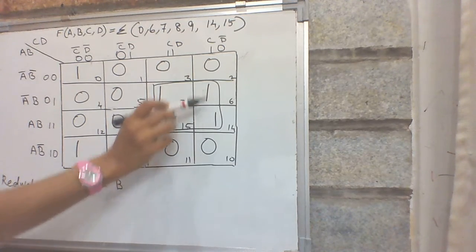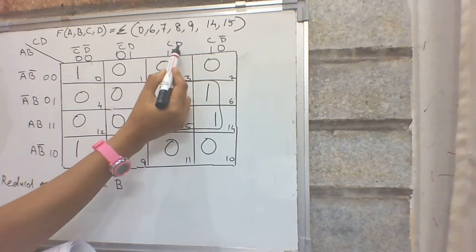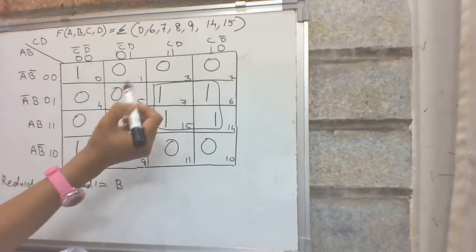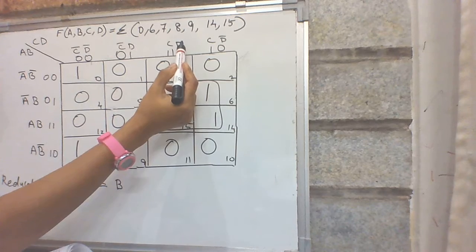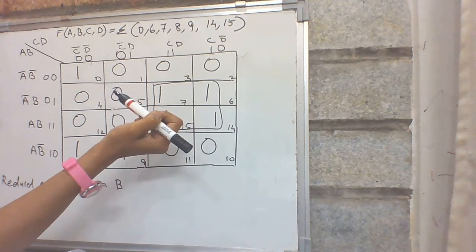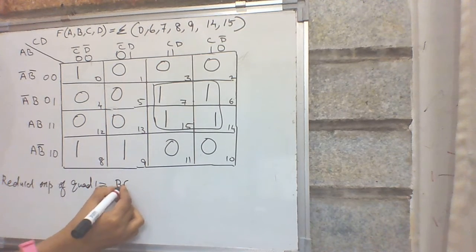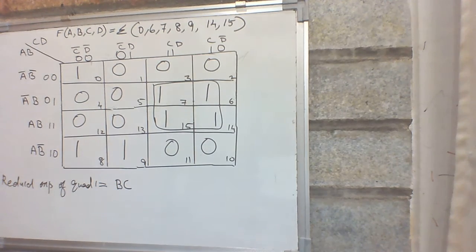Then check the top side. CD and CD bar. Which variable is changing? D is changing to D bar. So we can remove the variable D. Then the remaining thing C. So the reduced expression of quad is equal to BC.